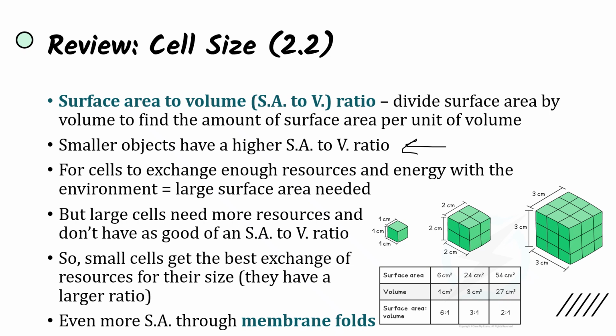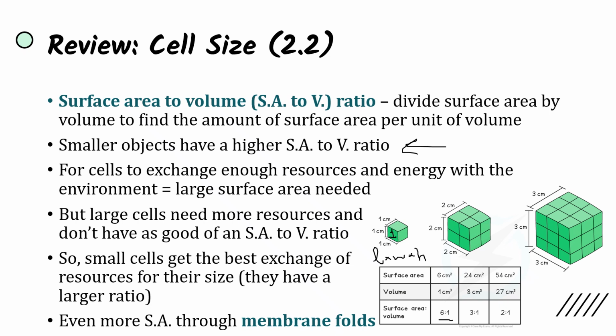The volume being length times width times height, so we just multiply 1 by 1 by 1, and then the surface area, we take each face of the cube. In this case, the area of each face is 1, and there are 6 faces, so we multiply that by 6. So the surface area to volume ratio here is a 6:1 ratio.